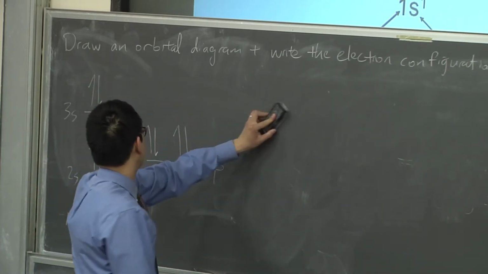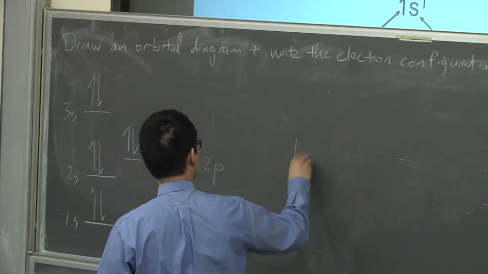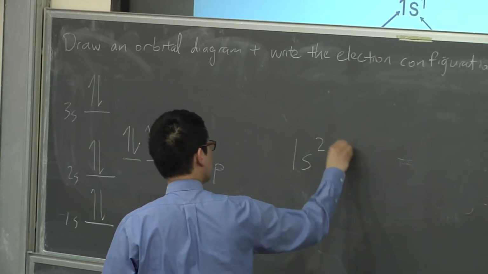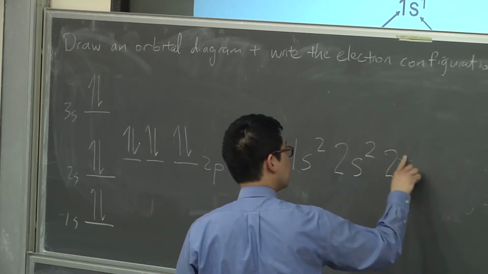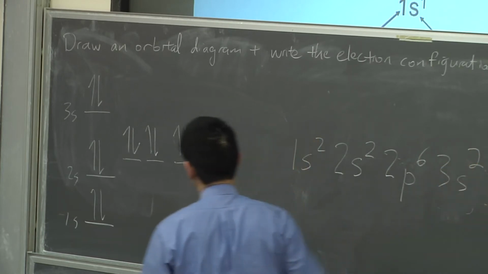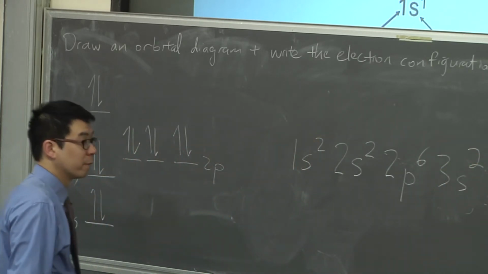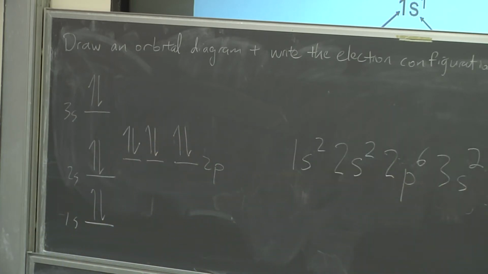So we actually don't need our 3p. And this is going to be 1s2, 2s2, 2p6, 3s2. Questions here?